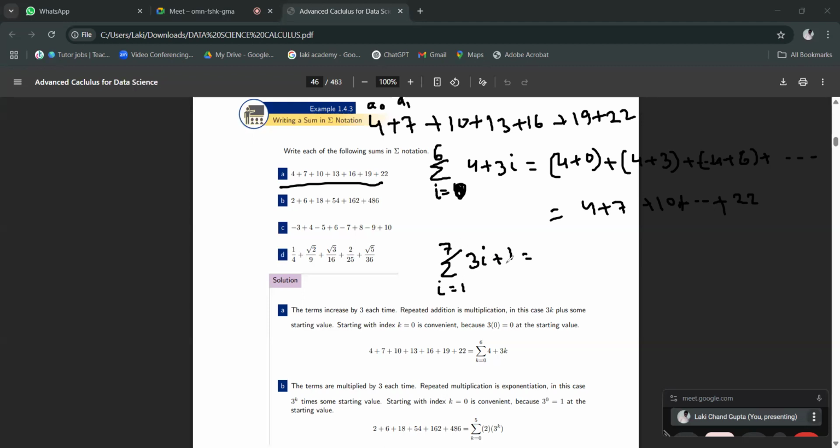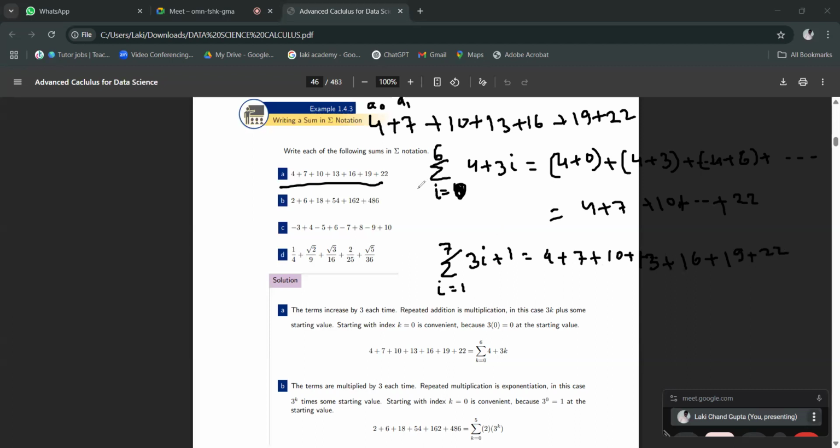When you put I equal to 1, you will get 4. When you put I equal to 2, you will get 7. When you put I equal to 3, you will get 10, right? On putting 4, 13, then 5, 16, 6, 19, 7, 22.